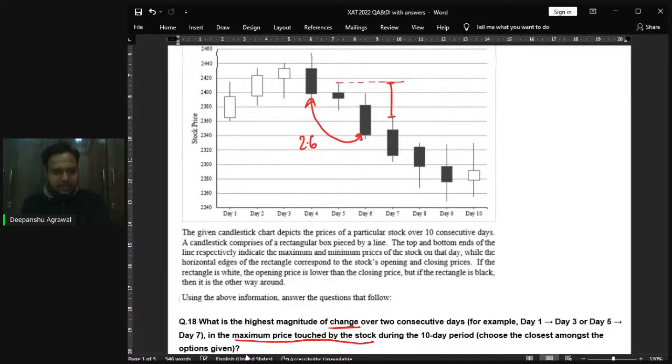I think this is less than 2.6, right? So we don't have to consider this. This is all pictorial, right? You don't actually have to go into the data to solve this question, right?